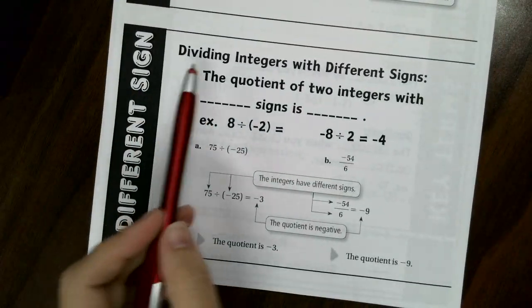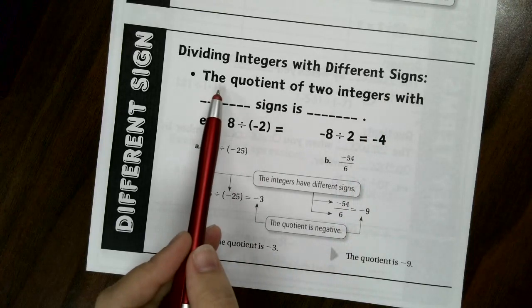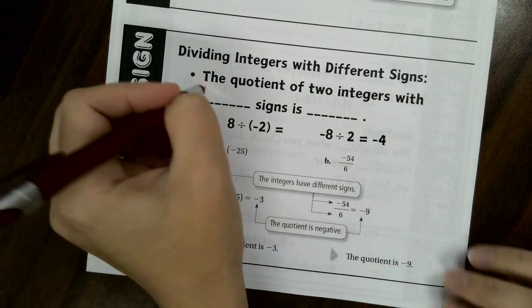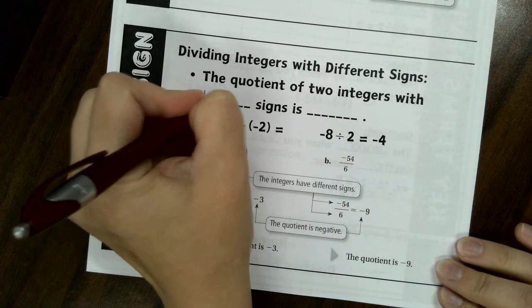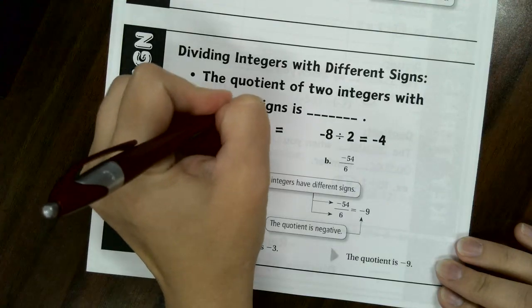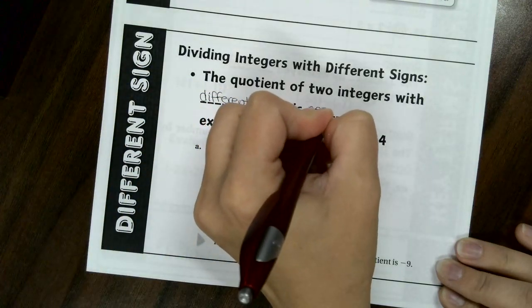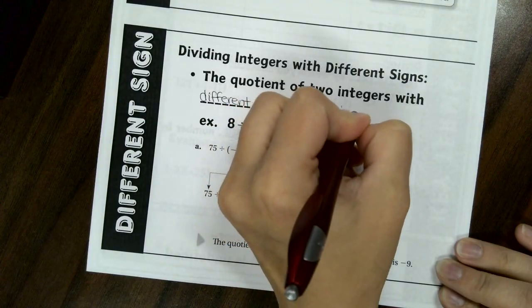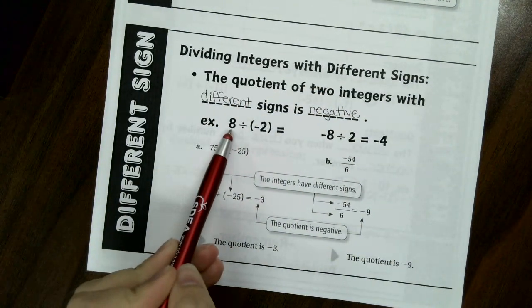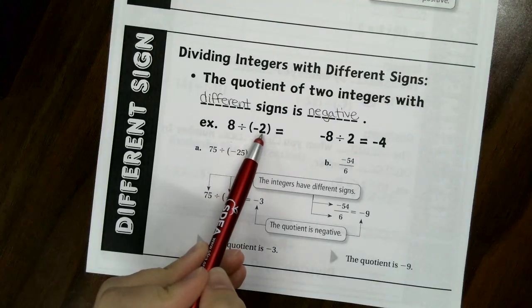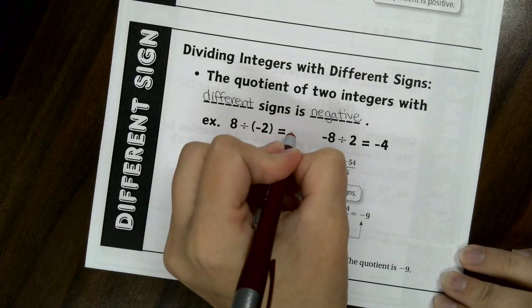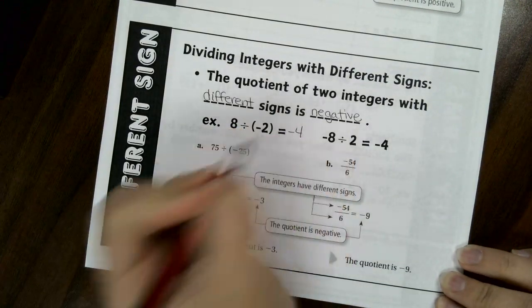Different signs, dividing integers with different signs, the quotient of two integers with different signs is negative. Okay, so if I have a positive 8 divided by a negative 2, it is going to be negative 4.